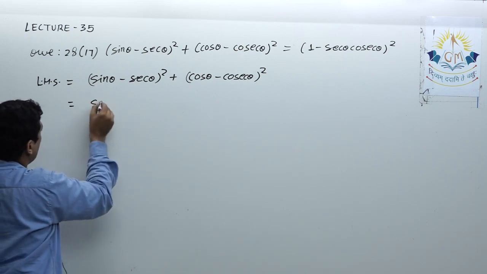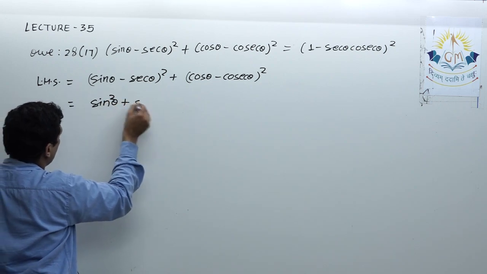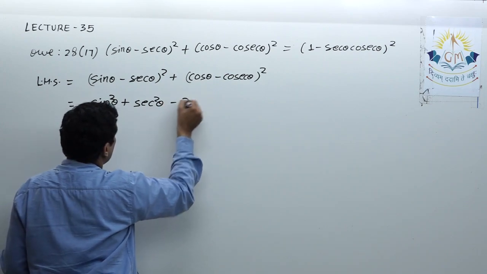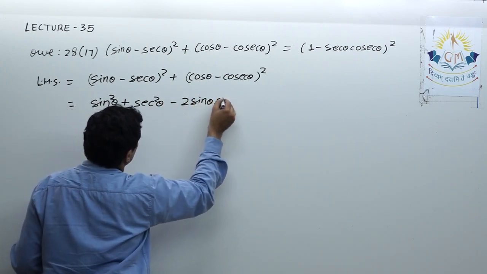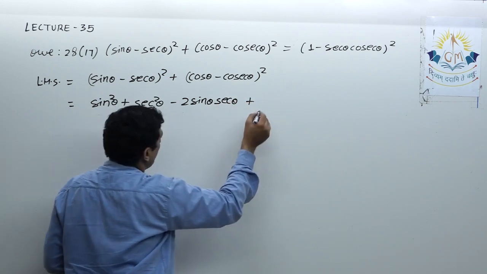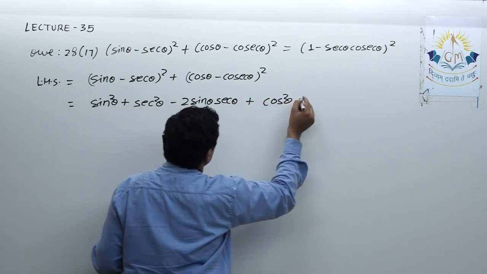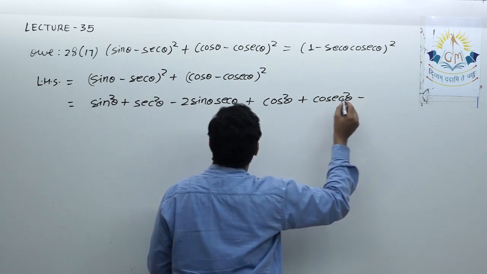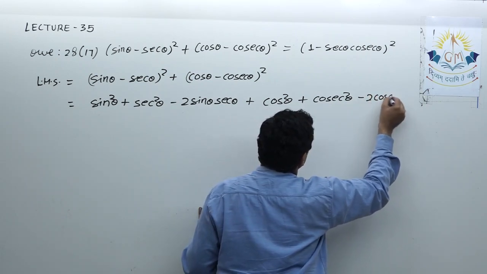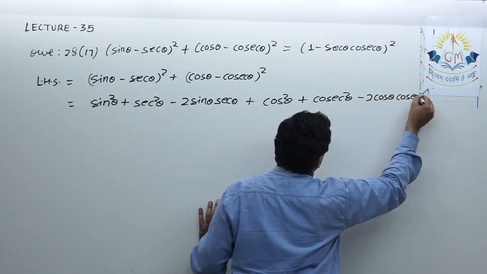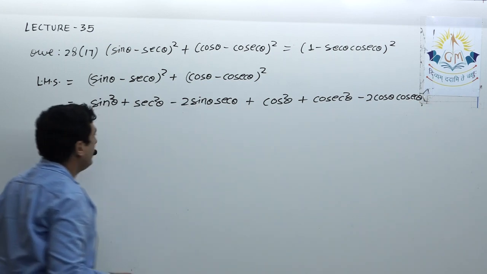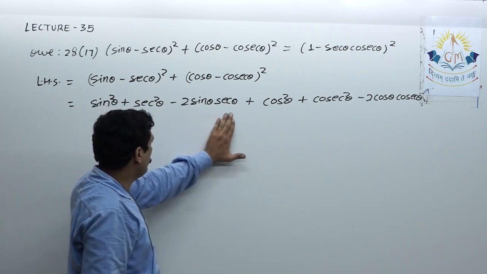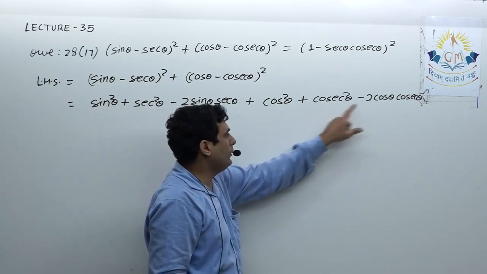So here I get sin square theta plus sec square theta minus 2 sin theta sec theta plus cos square theta plus cosec square theta minus 2 cos theta cosec theta. Simply, I applied the identity of (a minus b) whole square, a square plus b square minus 2ab. Similarly over here, a square plus b square minus 2ab.